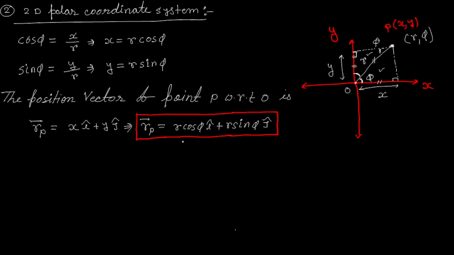So how do we define the unit vector associated with each variable? For that, the first step is to know how to write the position vector in terms of these variables. In this case, the 2D polar coordinate system, we have a position vector in terms of r and phi. So we have 2 variables, and we can define 2 unit vectors.